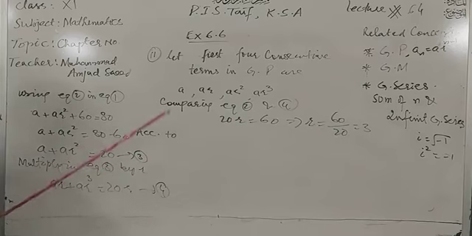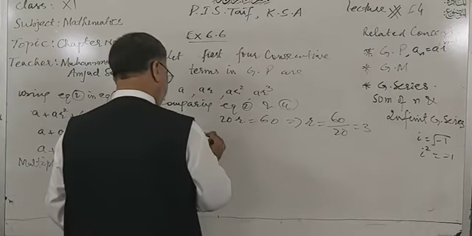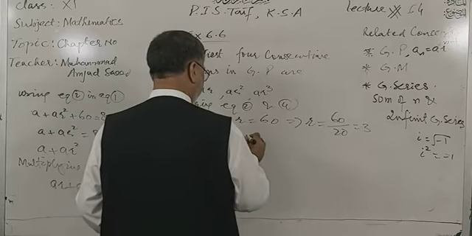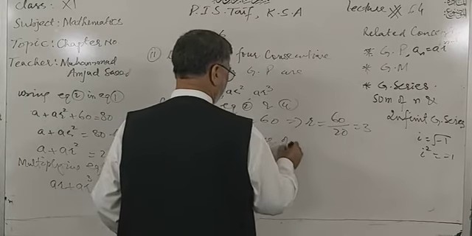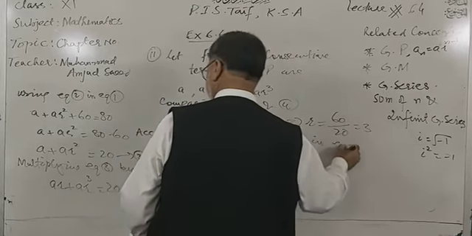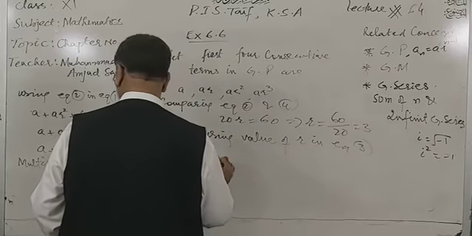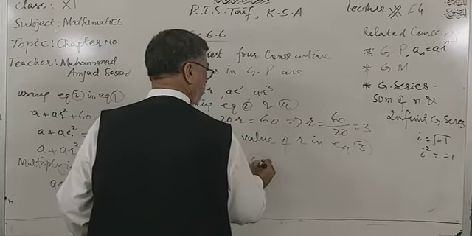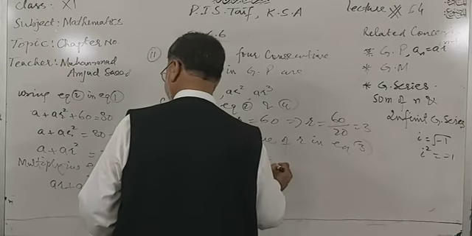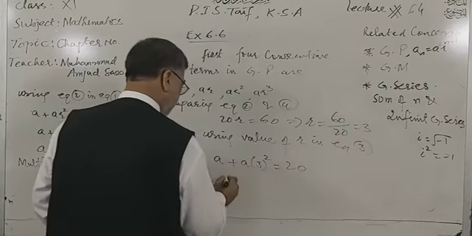Using this value of R in equation number 3, we will find the value of A. We have A plus A into 3 square, that is equal to 20.